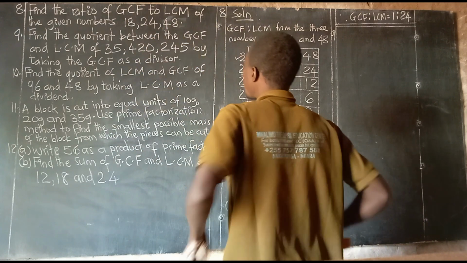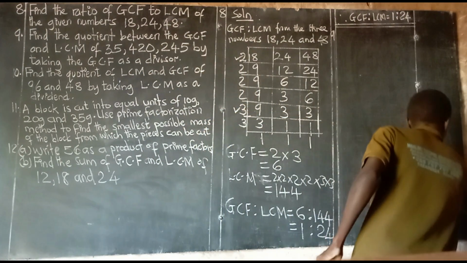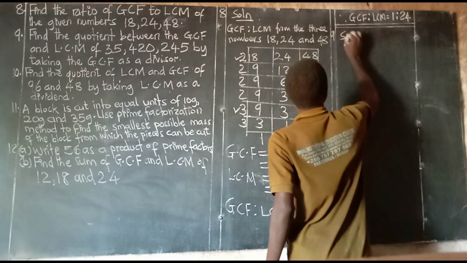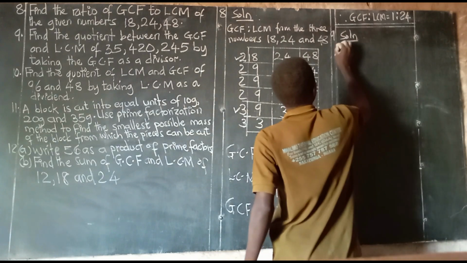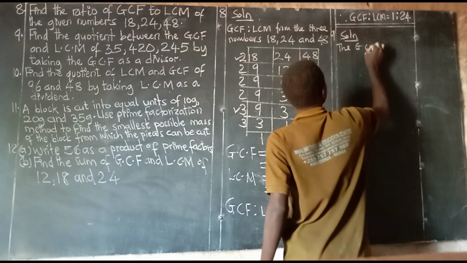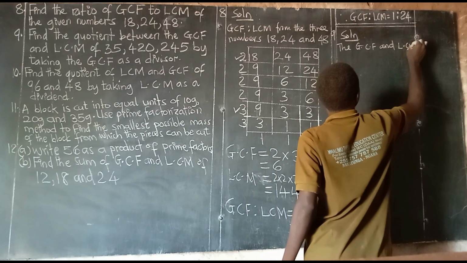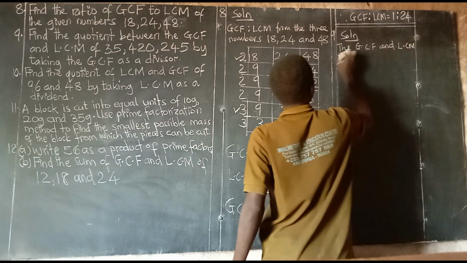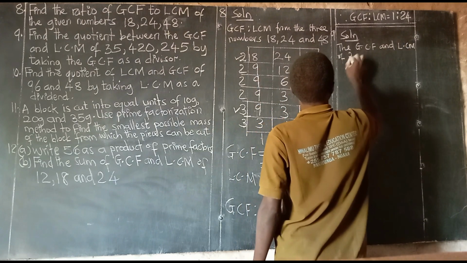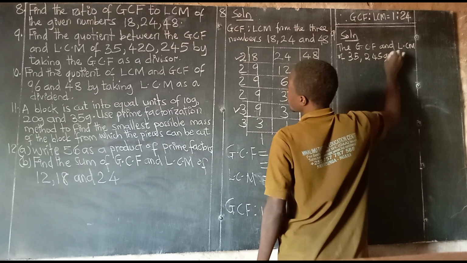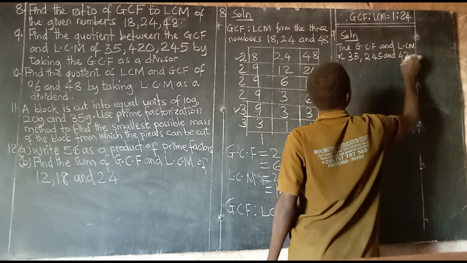Now let us start by finding the GCF and LCM. Solution: the GCF and LCM of 35, 245, and 420.